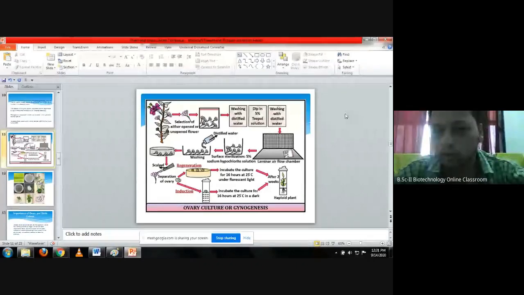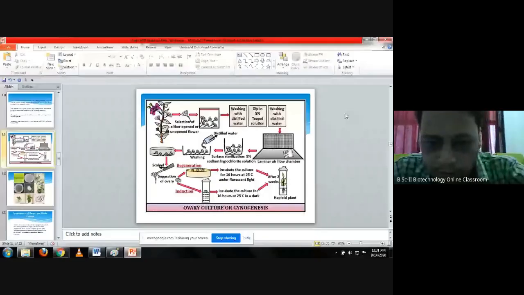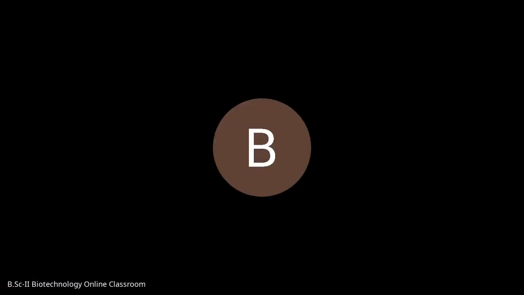Then you do sterilization with 5% or 6% sodium hypochlorite solution. And this is a laminar airflow chamber. In this chamber, they separated the ovary and put this ovary directly on the media. And from that, after 2 weeks, you get a haploid plant.